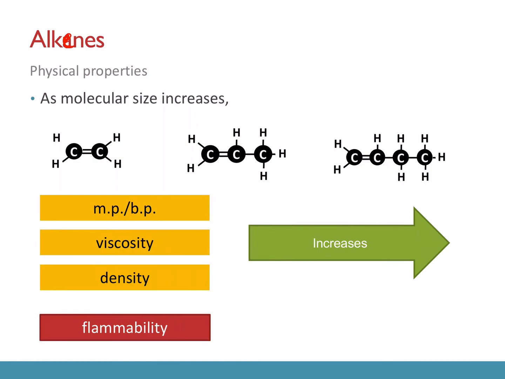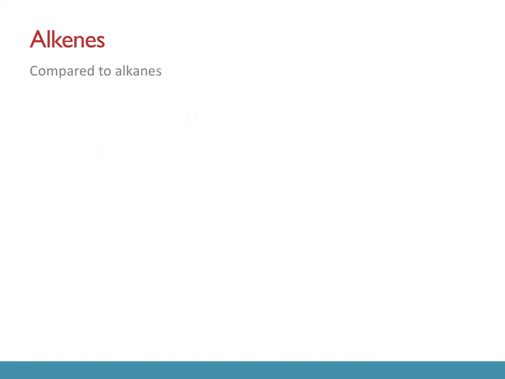Larger surface area means stronger van der Waals forces between the molecules, so we need more energy to overcome the van der Waals forces, and hence higher melting and boiling point. Flammability also decreases as the molecular size increases.